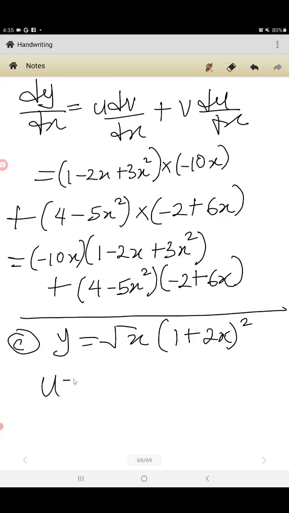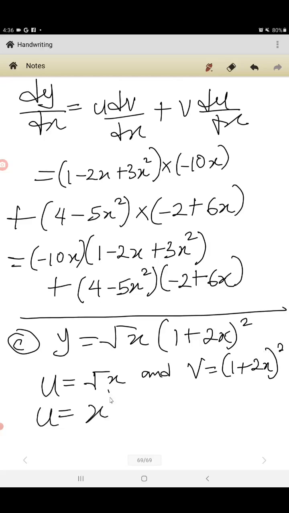So our u is equal to root x, which is x raised to power half, and our v is equal to 1 plus 2x all squared.